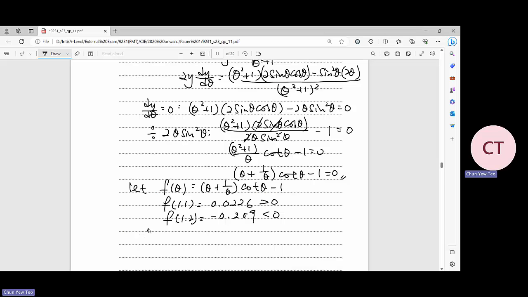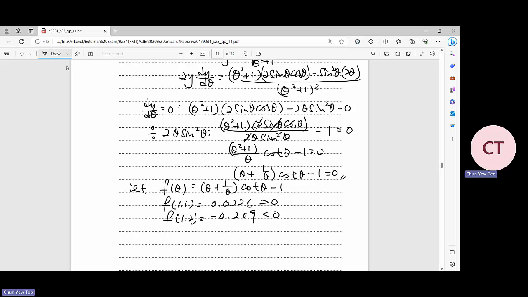So that means for 1.1 you are positive, for 1.2 you are negative. So no matter how you join them, there must be a point that will pass through zero. Therefore the root lies between 1.1 and 1.2. We just need to show that one is positive, one is negative. You can see that the sign changed from positive to negative.